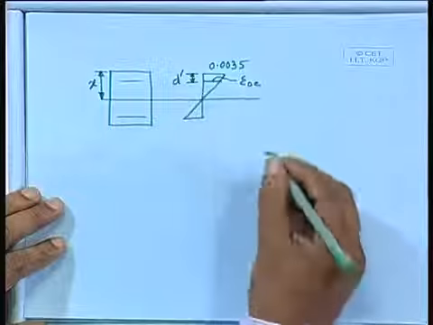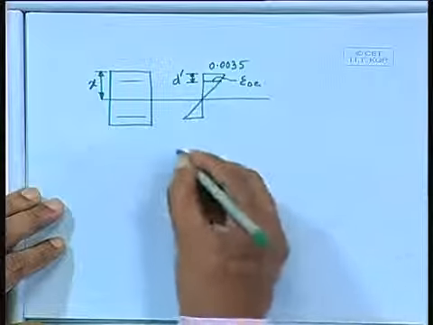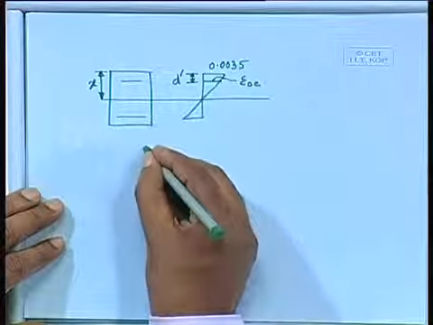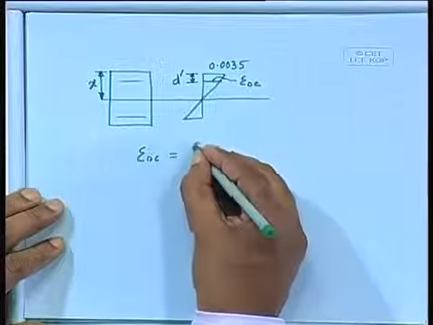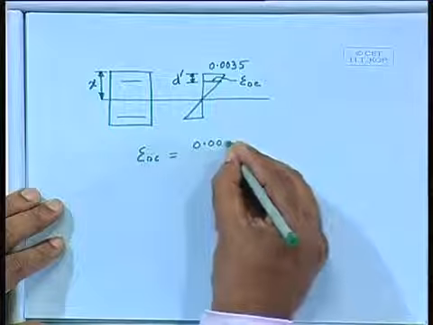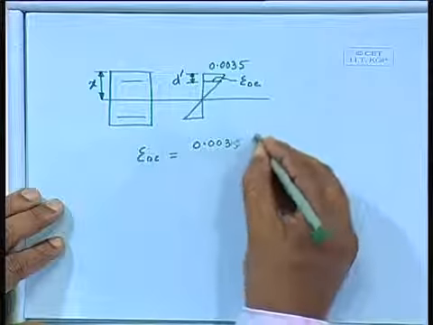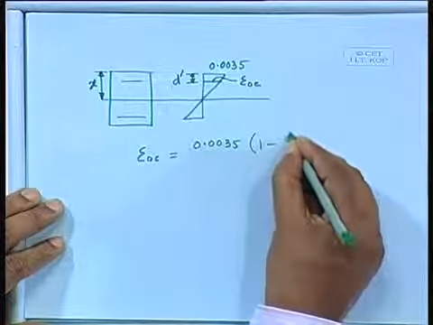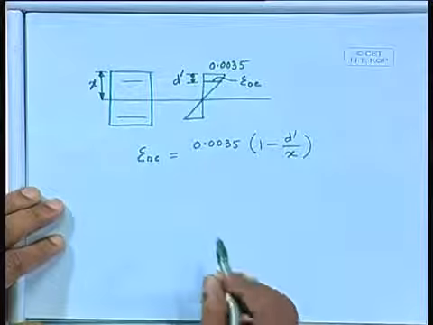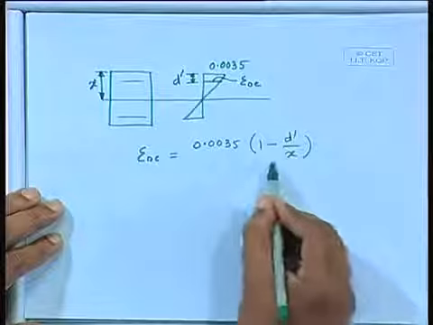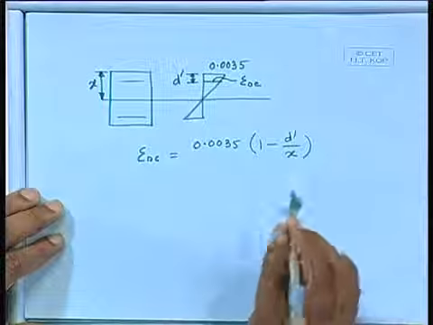What about epsilon sc? Epsilon sc will be equal to 0.0035 times (1 minus d dash by x).